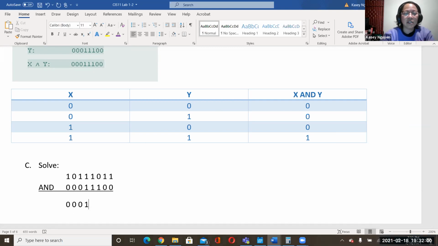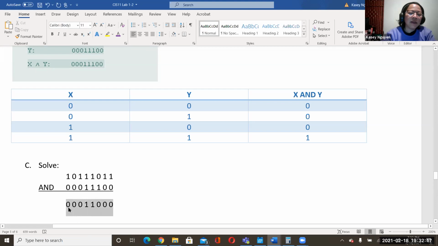It's not addition, okay? A 1 and a 1 is 1. A 0 and 1 is 0 because it has a 0. 1 and 0 is 0, and 1 and 0 is 0. Okay, so this is the output of this one and this one.